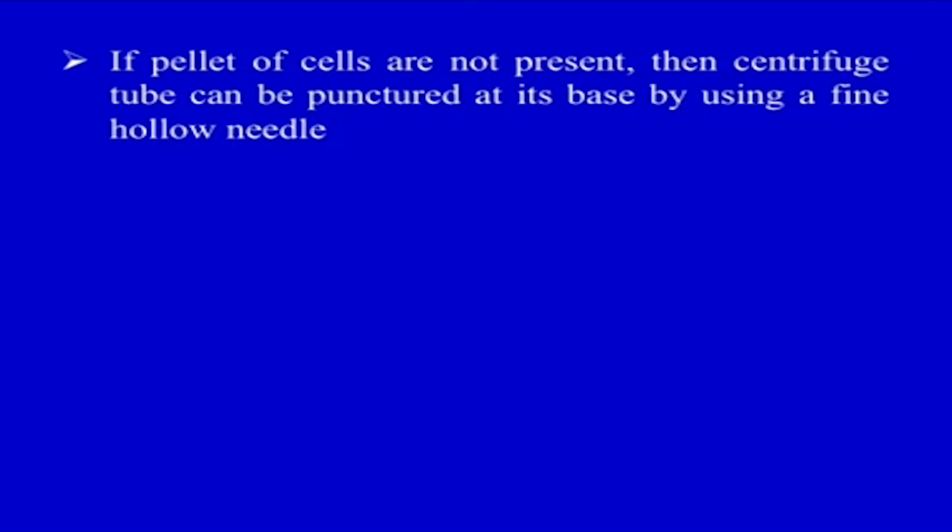If a pellet of cells is not present, then the centrifuge tube can be punctured at its base by using a fine hollow needle. Now, analysis of the displaced gradient in order to identify and locate the separated components can be achieved by different kinds of detection methods, like UV monitors or spectrophotometers, refractive index measurements, scintillation counting, enzymatic or chemical analysis.